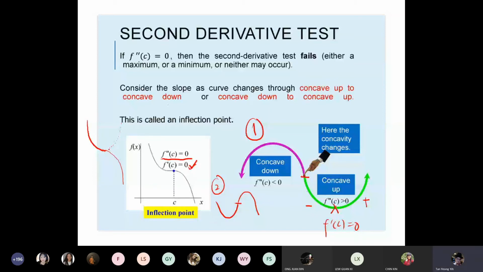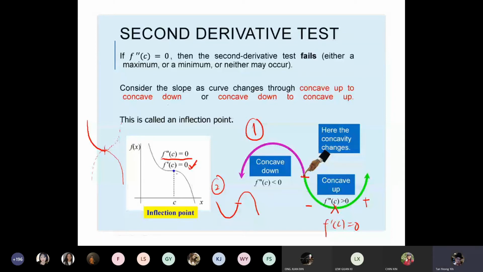So you can see here, before this point it's concave upward, and after this point it is concave downward. So the concavity changes. Is that okay?